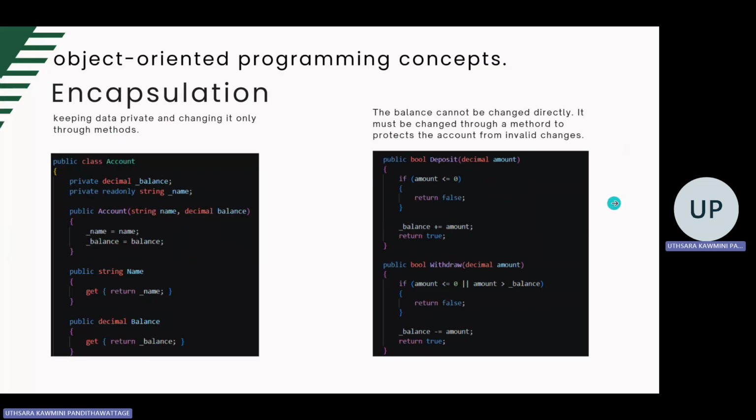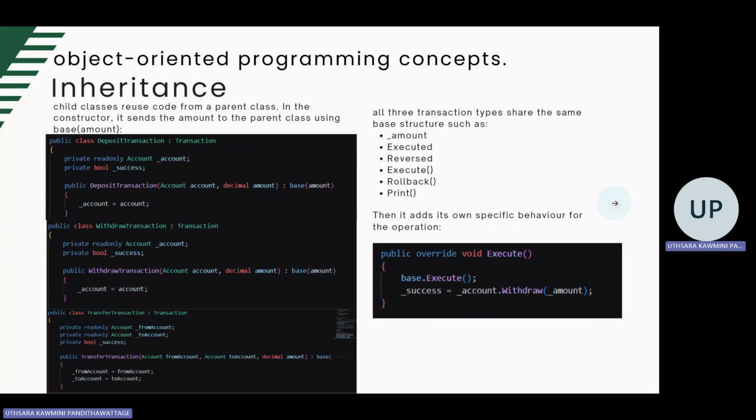The third object-oriented concept is inheritance. Inheritance means child classes reuse the code from a parent class. In my program, the transaction classes inherit from Transaction, like DepositTransaction, WithdrawTransaction, and TransferTransaction. This means they automatically receive the shared features like amount, executed, reversed, and the Execute and Rollback methods.